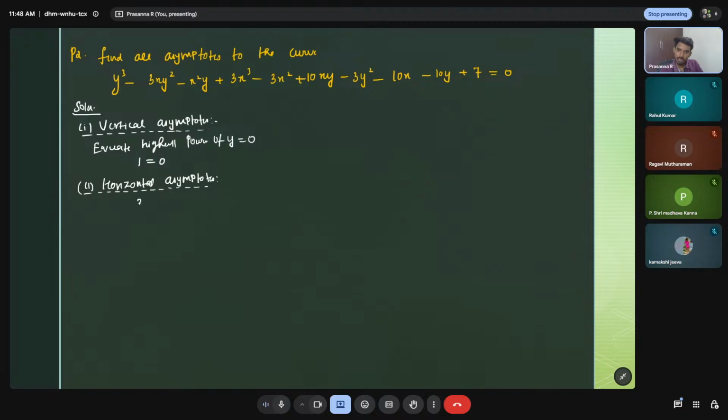Again we have 3 is equal to 0, so again there is no horizontal asymptote. So this equation has no vertical asymptote as well as no horizontal asymptote. Now we will find all oblique asymptotes for this curve.